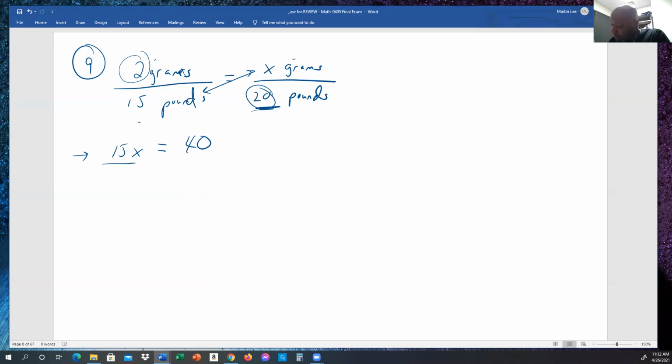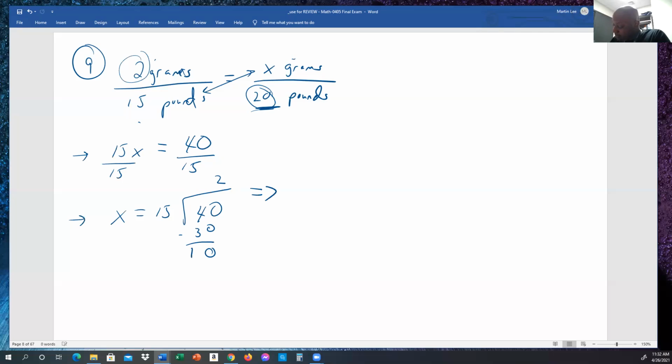Now we divide both sides by 15. And this gives me x is equal to 40 divided by 15, which we're going to write this way because we do want the answer as a mixed number. Okay, 15 goes into 40 2 times. 2 times 15 is 30. 0 minus 0, 0. 4 minus 3 is 1.